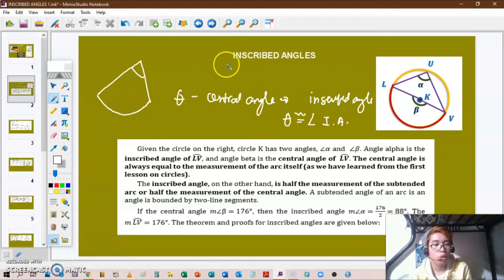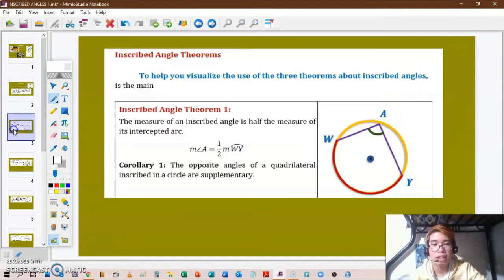The measurement of arc LV is the same as the central angle itself, 176 degrees. The subtended angle is half the central angle, and the central angle is the same as the arc.